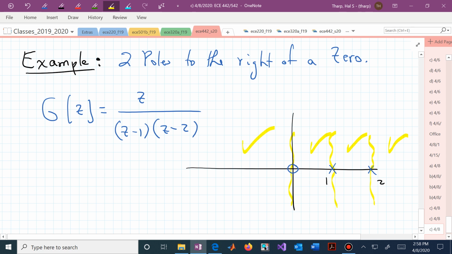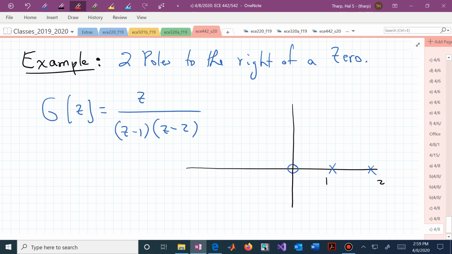We have 4 different line segments identified by that pole-zero pattern. Which of those line segments live on the root locus? Well, now we look and say which of these segments have an odd number of poles and zeros to the right, and we now know that those are the line segments that belong to the root locus.